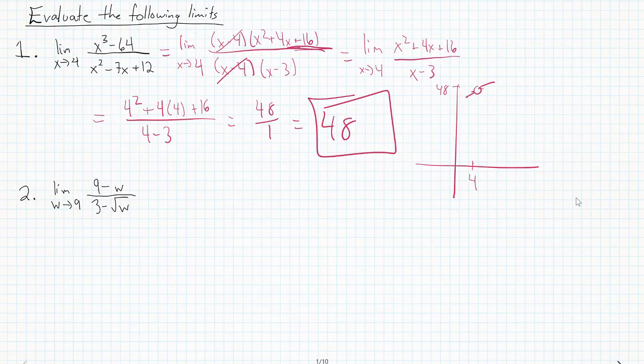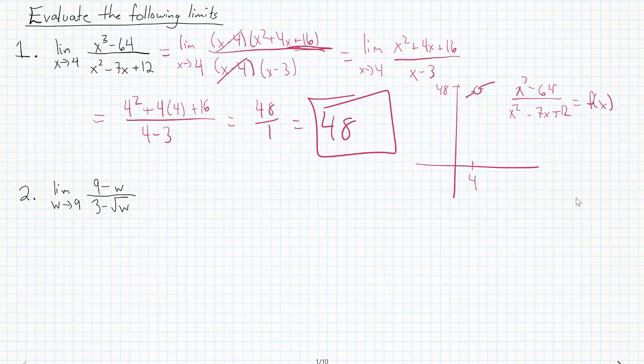Oh, and I should write, what is this? This is x cubed minus 64 over x squared minus 7x plus 12. This is equal to f of x. Okay, so I don't know the rest of the function, but I can tell you what's going to happen right around 4 by that limit.